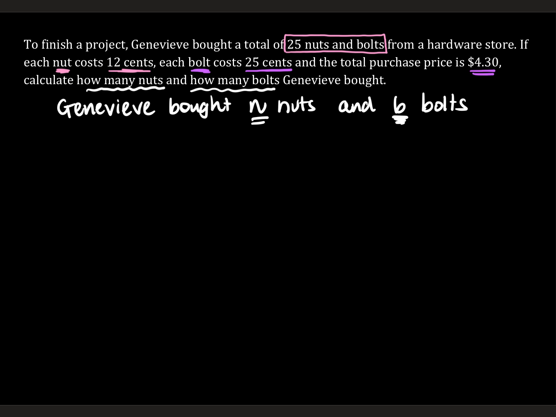We're told that overall there are 25 nuts and bolts. So she's got N nuts, and if I add that to the B bolts, I'm going to get 25. That could be something like 5 nuts and 20 bolts, or 20 nuts and 5 bolts, or whatever like that. We don't know what that is.